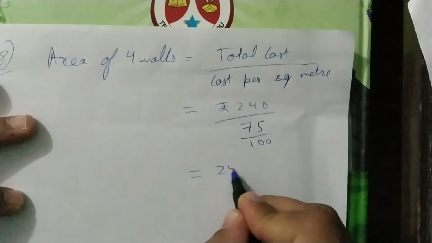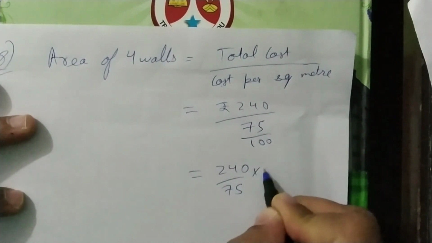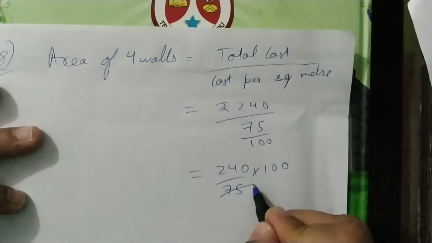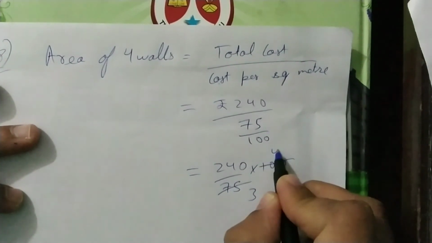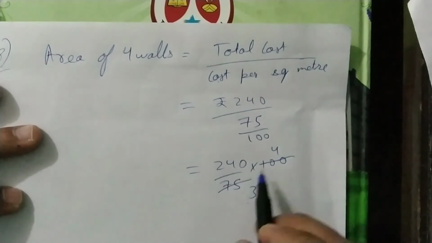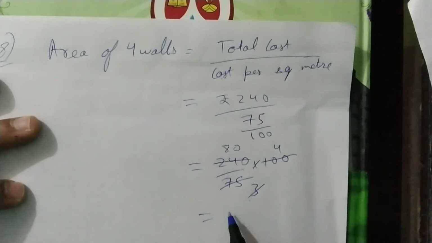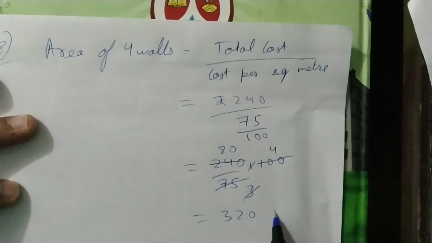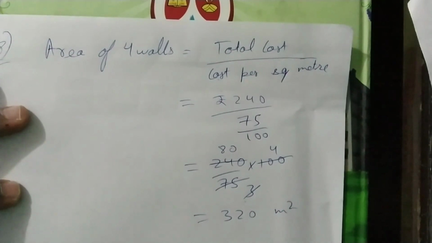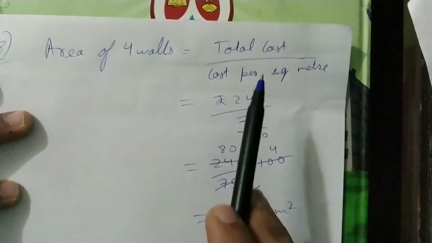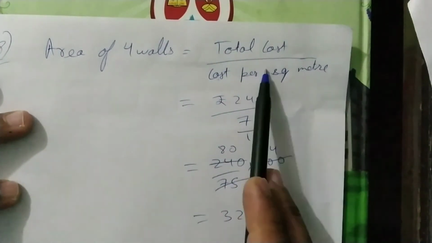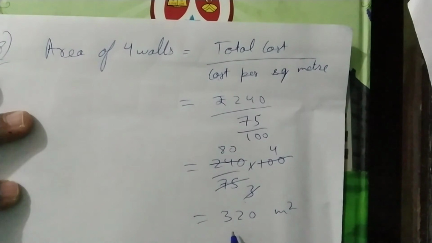So 240 upon 75 multiplied by 100. 75 3s are 225, 75 4s are 300, this is 80, so 320 meter square. So this is the area of 4 walls. We divided the total cost by the cost of 1 meter square, so we get the area of 4 walls.